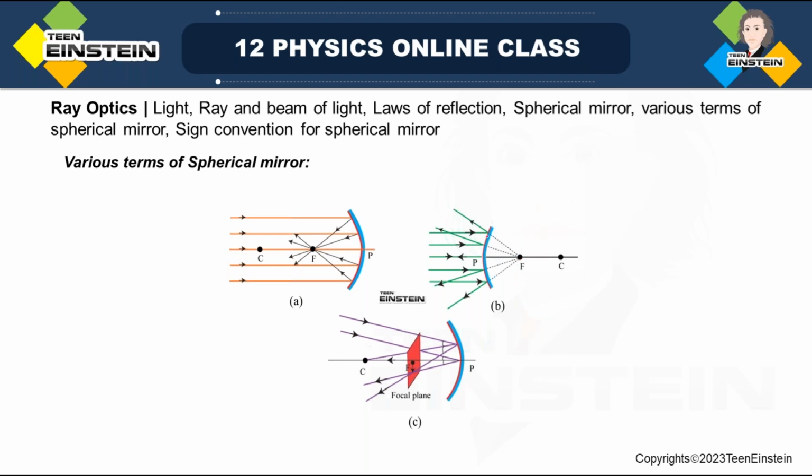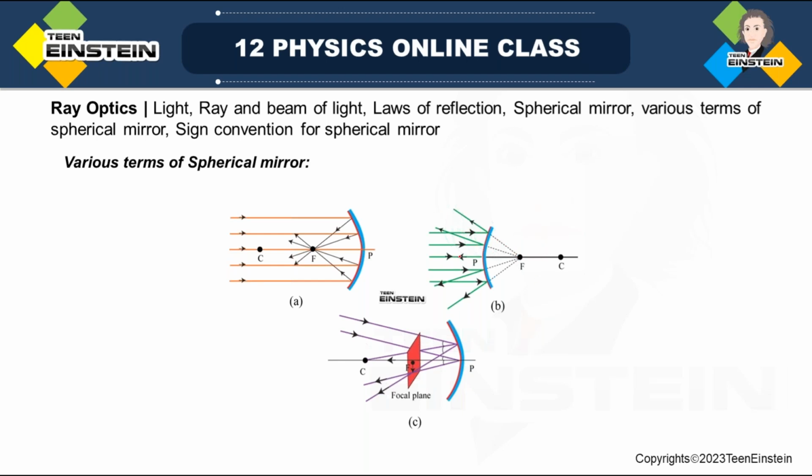Or in case of convex mirror, we can define the principal focus as the point on the principal axis from which parallel rays, after reflection, appear to come out.